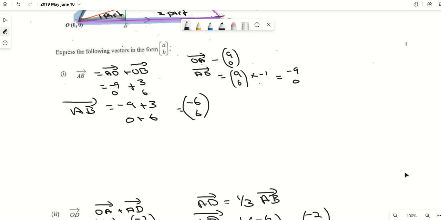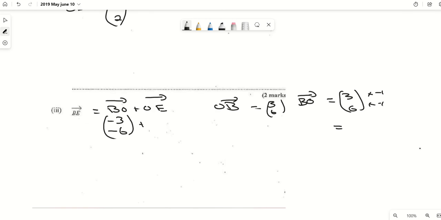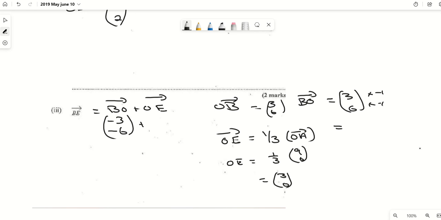They said that OE is a third of OA, and OA was (9, 0). So therefore, OE is equal to a third of 9, which is 3, so OE is (3, 0).